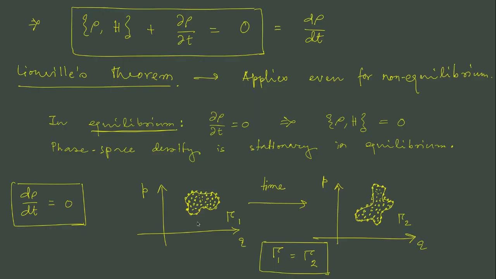So in any case, for this area gamma 1, consider all the points which are at the boundary. We consider that we have many points at the boundary, nearly no gap between the points. Now, how would they move? Each point moves without touching another one, and they eventually get this different shape.